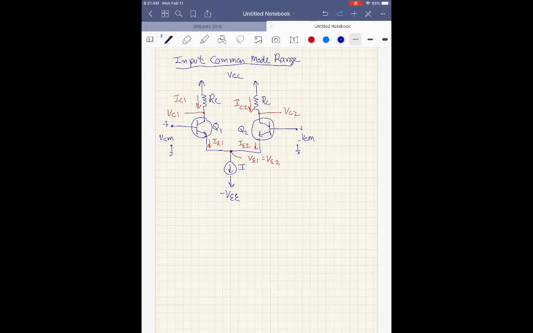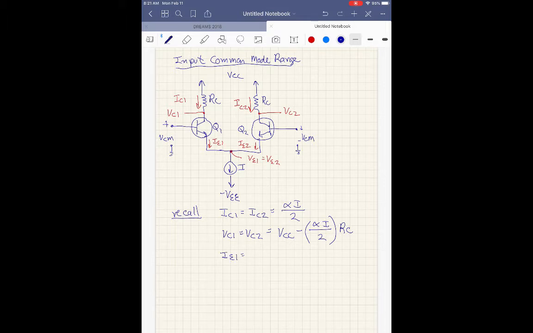So we can say, recall, we said IC1 was equal to IC2, if they're matched, and they're both on, is equal to alpha times I over 2, okay? VC1 is equal to VC2, so that's going to be VCC minus alpha times I over 2, which is the current through the collector resistor, times the value of the collector resistor, okay?